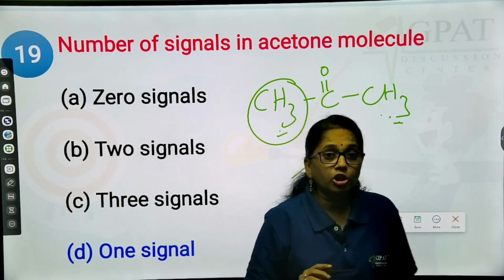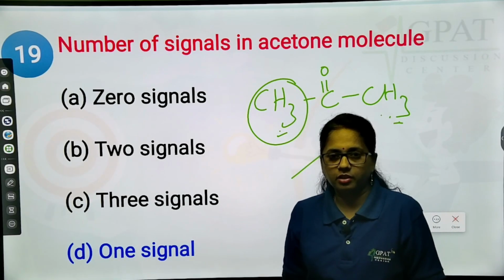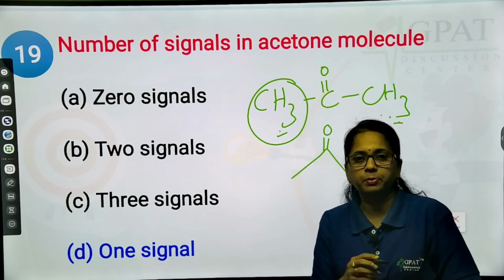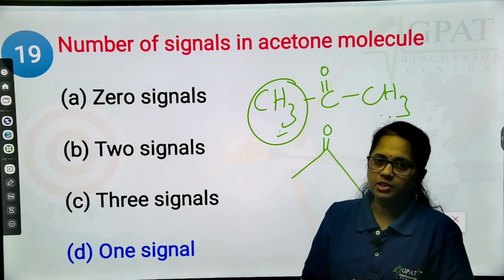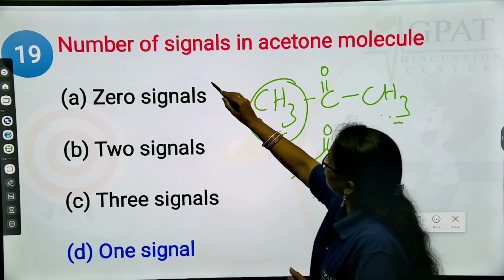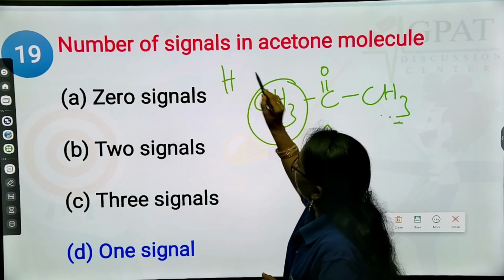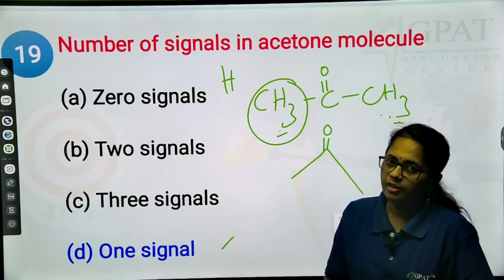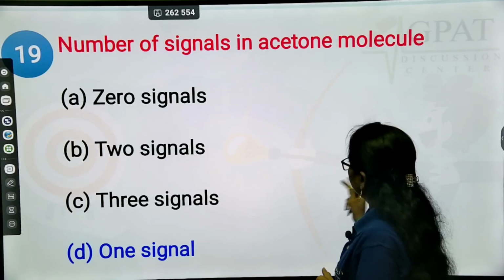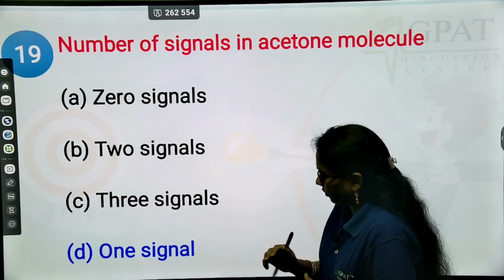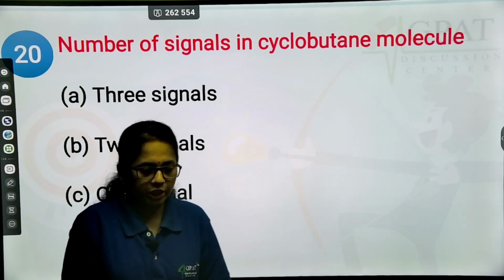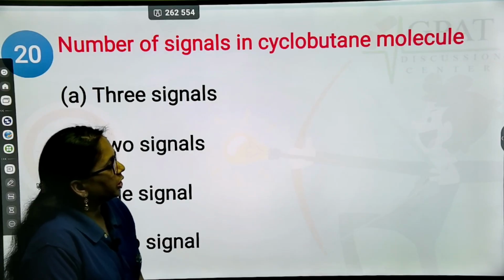If non-equivalent hydrogens are there, then based on the neighboring hydrogens, you are going to observe different types of signals. Okay, so this is actually related to proton NMR. In proton NMR you are going to see one signal, and carbon NMR is going to be a different thing. Okay, next, number of signals in the cyclobutane molecule.